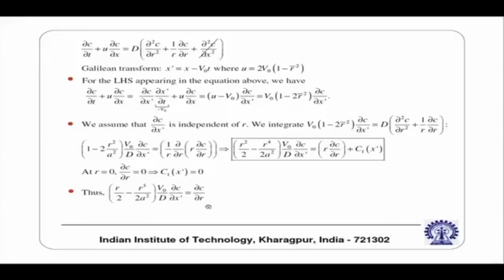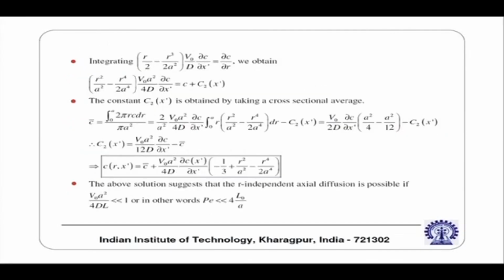Now we will integrate it once more with respect to r to get c as a function of r and x. So we integrate it with respect to r to get another constant of integration C2. We will just express C2 in terms of the cross sectional average concentration.